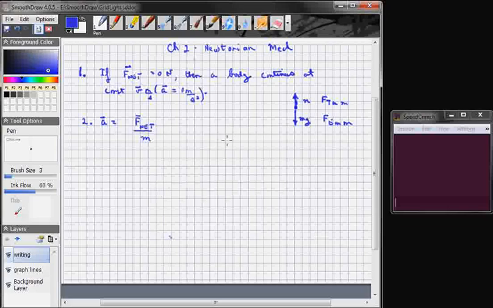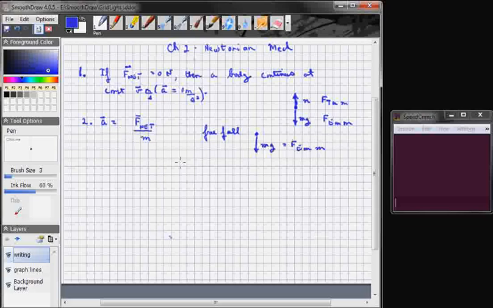Okay, a real simple example of that is free fall. So this is an example of Newton number 2. In free fall, we have a mass m that has only one force acting on it, m times g. That's the force of the Earth acting on m.